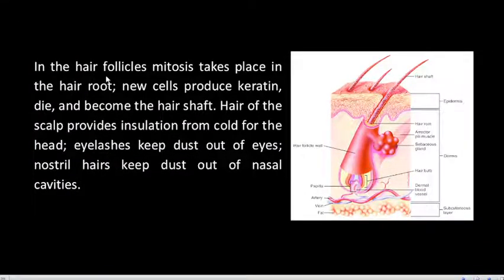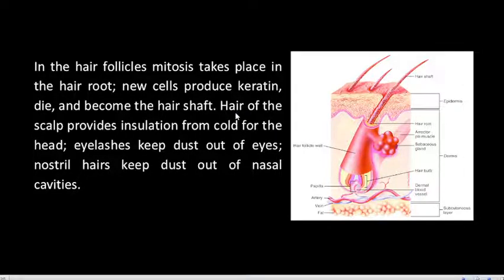In your hair follicles, mitosis takes place in the hair root, this one, and new cells produce keratin. They die and become part of the hair shaft. So, yung buhok po natin, ano na yan sila? Dead cells na yan sila. Okay? Yung buhay lang na part is a hair root.